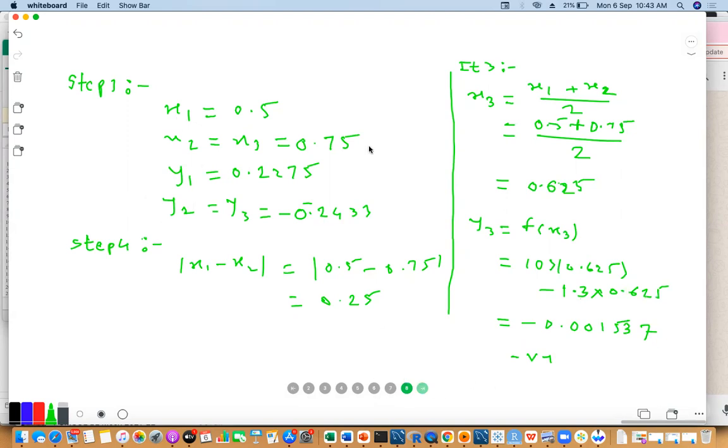In the next iteration we will be doing the same steps: step 2, step 3, step 4, until whatever given accuracy is reached. I think it should be more clear with this. You have to repeat these iterations until your accuracy is achieved, or whatever number of iterations you have set to calculate. Okay.